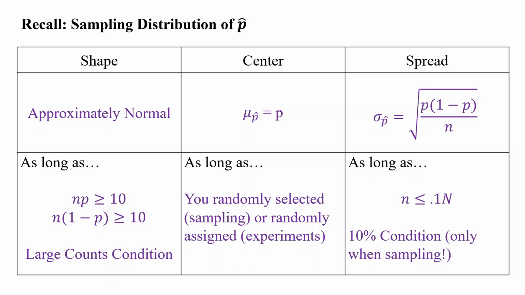We could do this as long as the 10% condition was satisfied. This is important to note because we're getting into experiments today. This is only when sampling. We only have to check the 10% condition when sampling because it's a condition that involves being able to sample without replacement from our population at large. So this is our sampling distribution for our sample proportion.